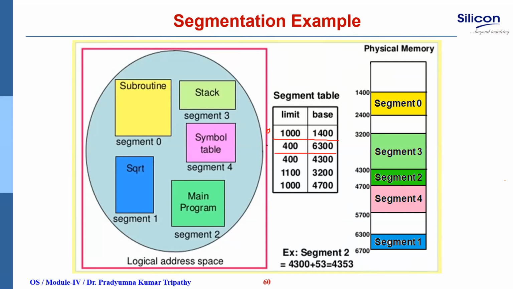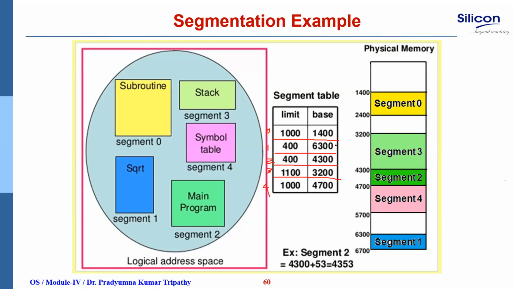For segment 1, it is 6300, limit is 400. For segment 2, the base is 4300, limit is 400. For segment 3, the starting is 3200, and like that for every segment, the base and limit is given.